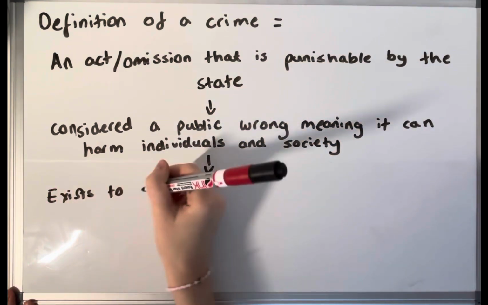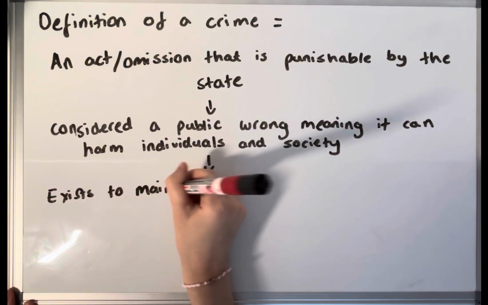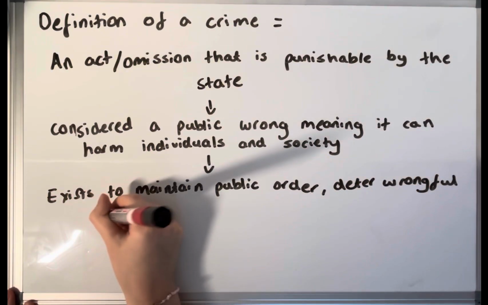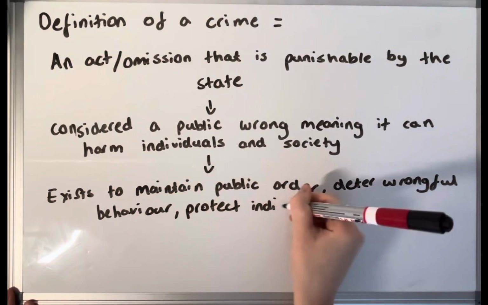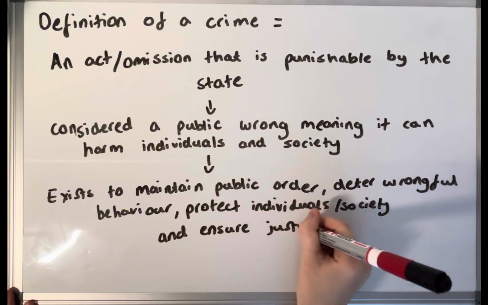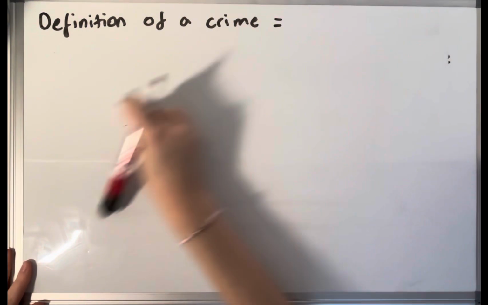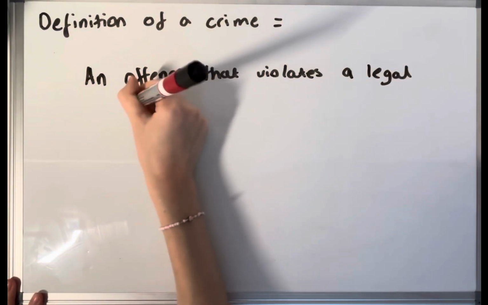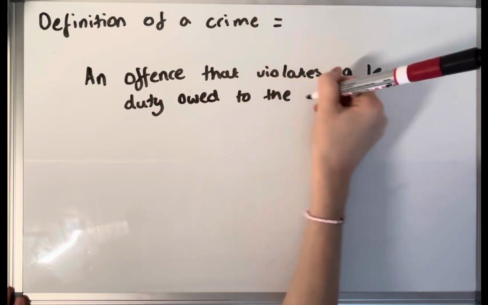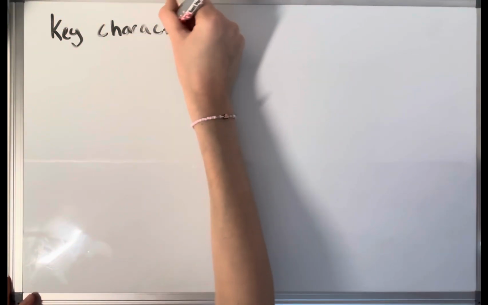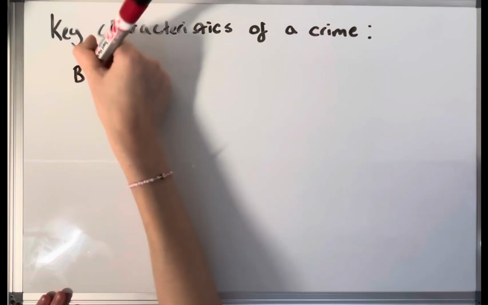Now, the reason it exists is to maintain public order, deter wrongful behaviour, protect individuals and society, and to also ensure justice. So all summarised, it's basically an offence that violates a legal duty owed towards the state or the public.